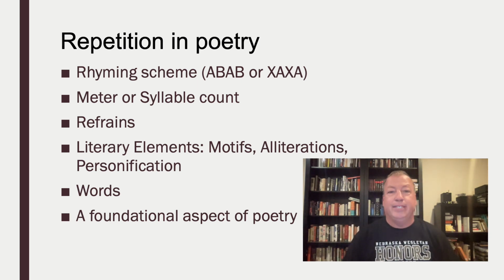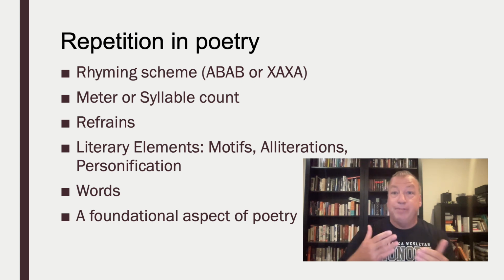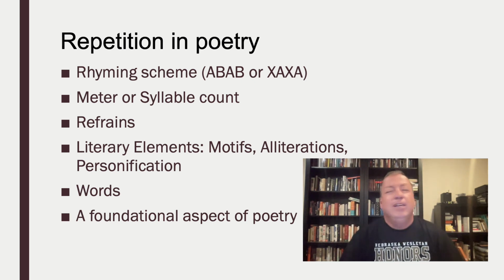Other literary elements like motifs, alliteration, or even personification. If you decide to personify something, then that human connection to that object is repeated or holds true throughout the poem. Sometimes we use a word over and over again. Like I said, the idea of repetition is important in all kinds of ways for poetry.